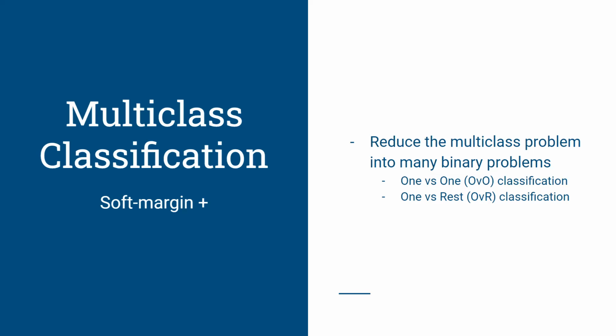You can do 1 versus 1, where you make a classifier comparing every single class to every other class. This gives you n times n minus 1 over 2 total classifiers. Yeah, that sounds right. So you're just comparing every single class to every other class and making division lines that way. And then 1 versus rest, which just means you're comparing one class to everything that isn't that class.